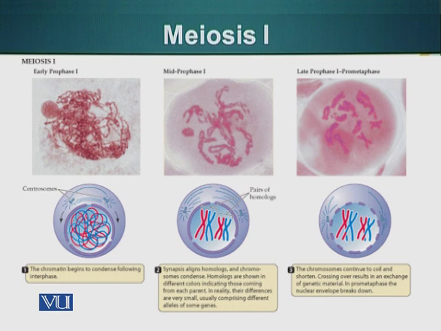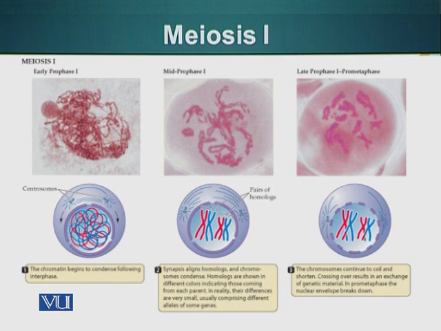I'll explain that later, but right now we are talking about meiosis. We are going to talk about meiosis in 2 phases, meiosis 1 and meiosis 2. I have just described the 3 stages of prophase of meiosis 1. Let's continue and look at the other phases of meiosis 1.